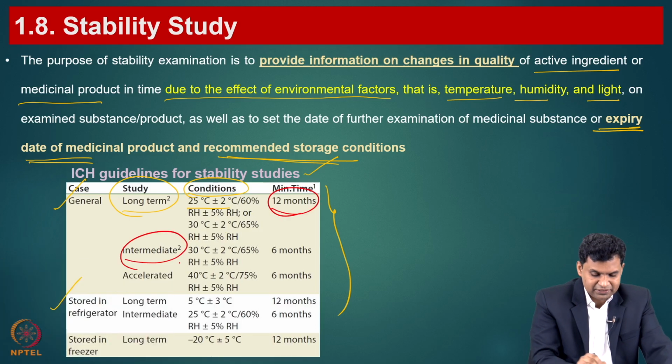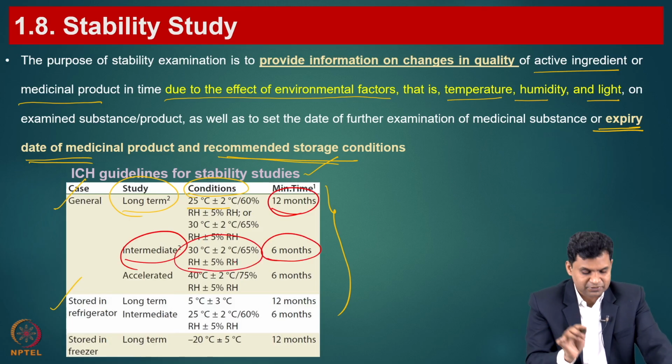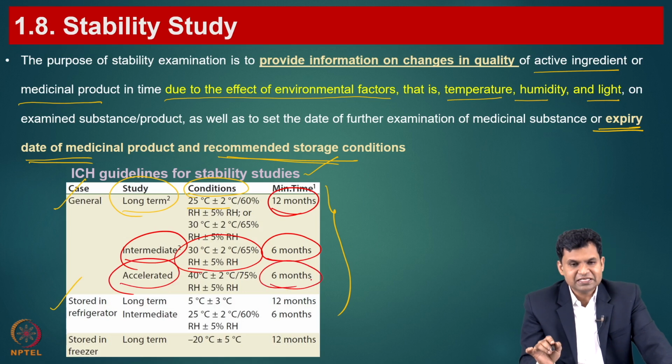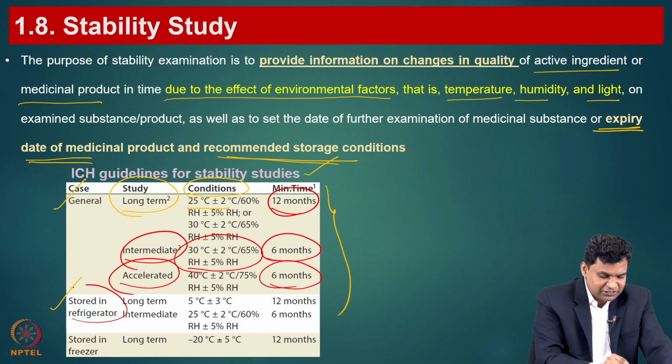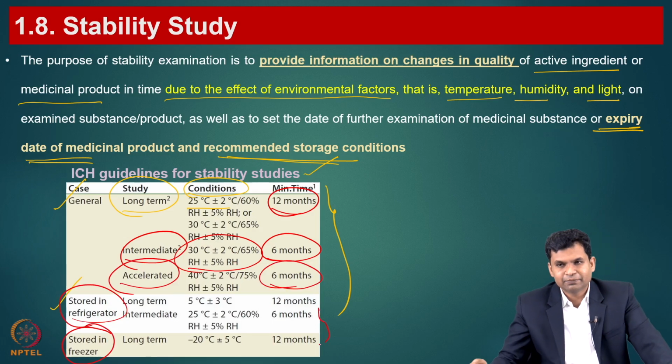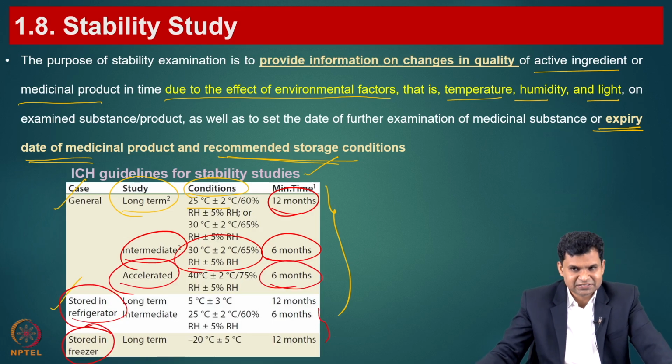Whereas intermediate is a different condition, for 6 months, and accelerated we perform for 6 months. There are also conditions in the refrigerator as well as freezer. This is also considerable according to the ICH guidelines.